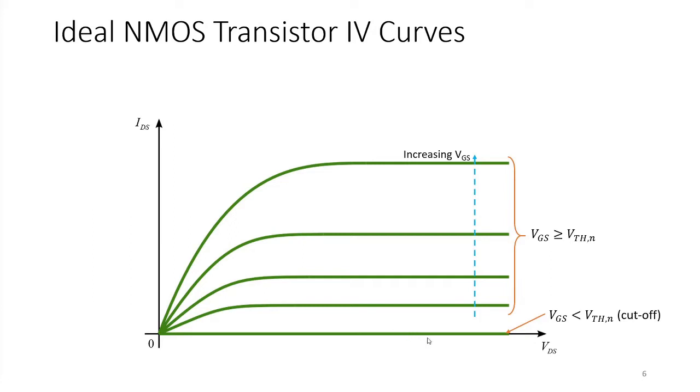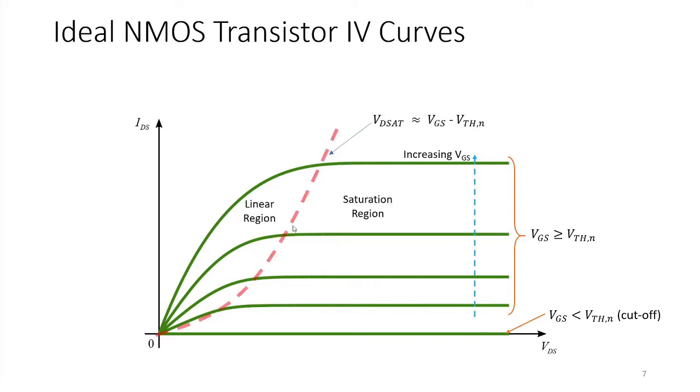If you remember, if VGS is less than VTH, the transistor is in cutoff, and we expect that there is no current whatsoever for any value of VDS. And if we increase the value of VGS beyond VTHN, the current also increases for increasing VGS.